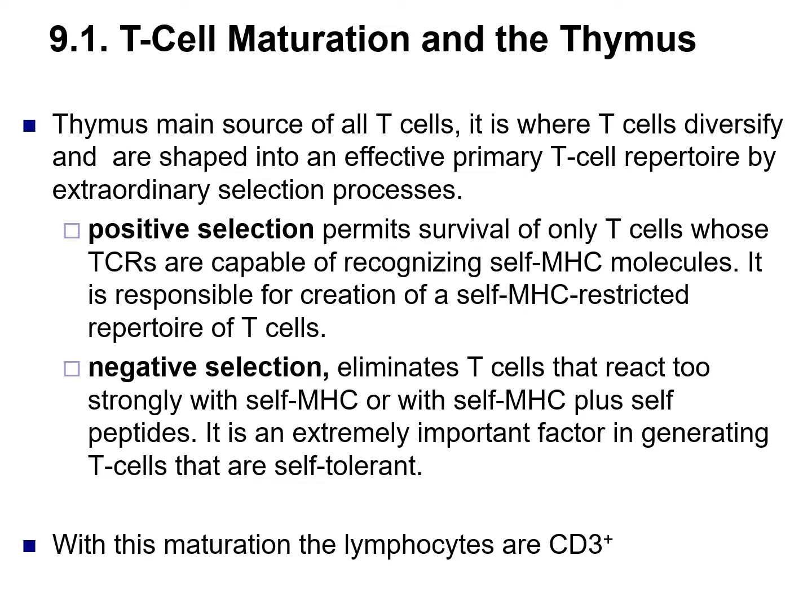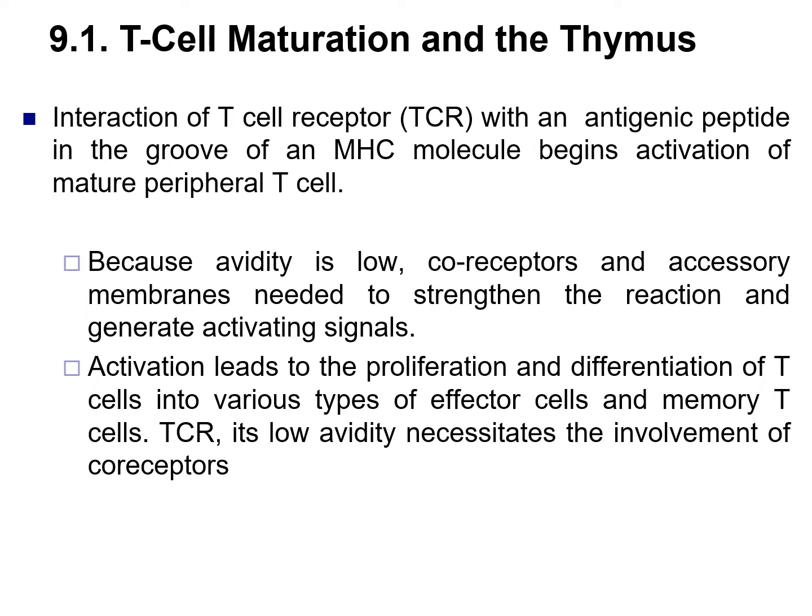With this maturation, there are the so-called CD3 positive cells. The activation of the mature T cells happens when the T cell receptor, with an antigenic peptide in the groove of an MHC molecule, engages.